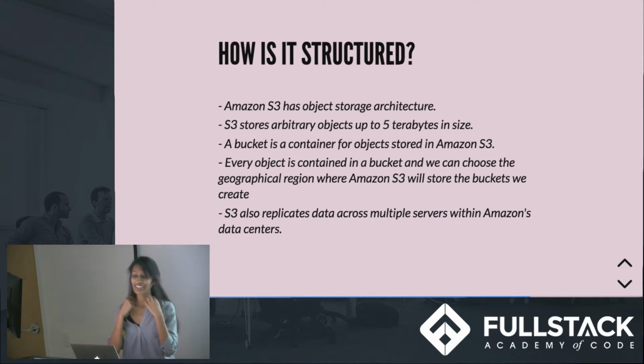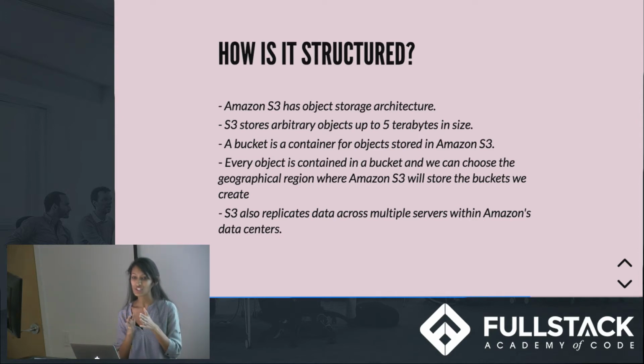First of all, S3 is saving our data in an object storage architecture. Now what is object storage architecture? Data can be stored in three different ways: in a file system way, in a block system way, or in an object system way.